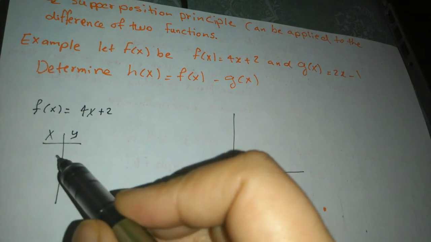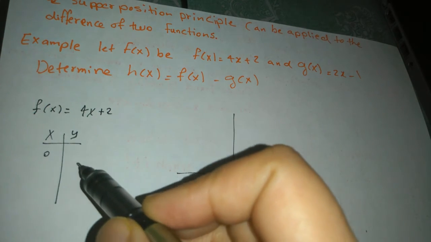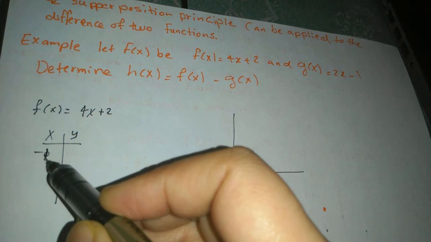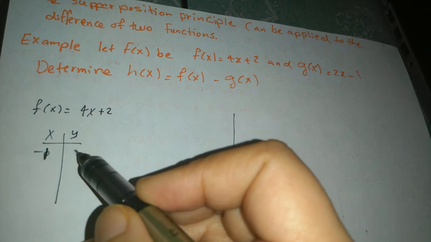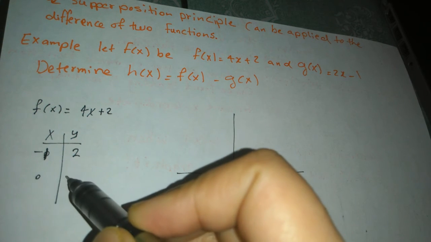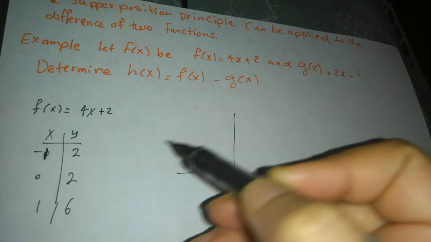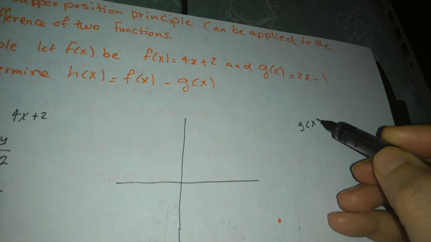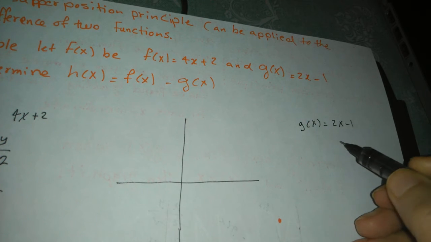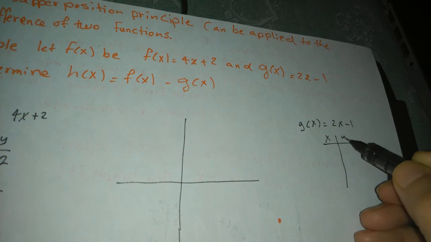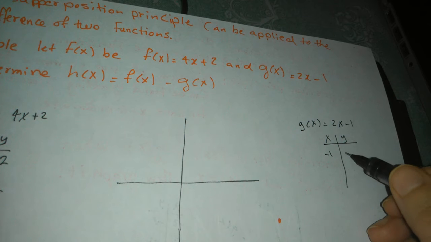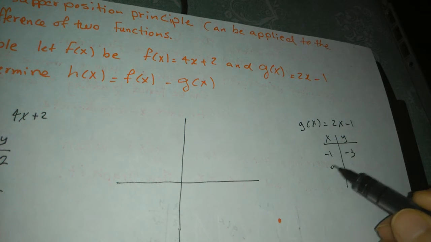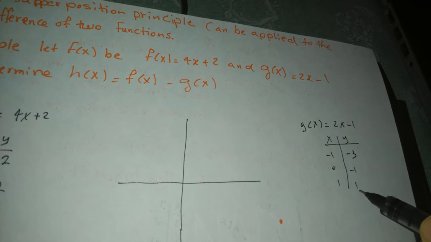X and y. Maybe I just start with -1. For x = -1, the y is -2, 0 is 2, and 1 is 6. Three points are enough, I think. And g(x) is 2x minus 1: -1 is -3, 0 is -1, 1 is 1.